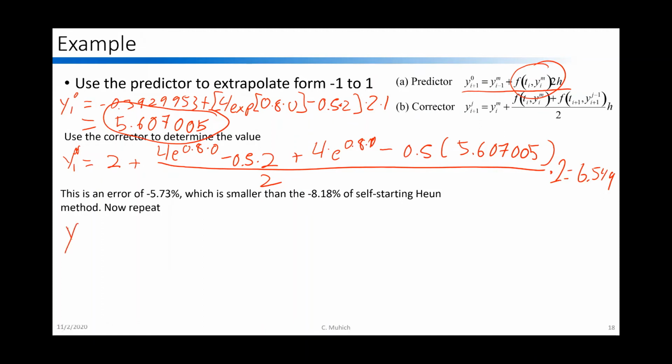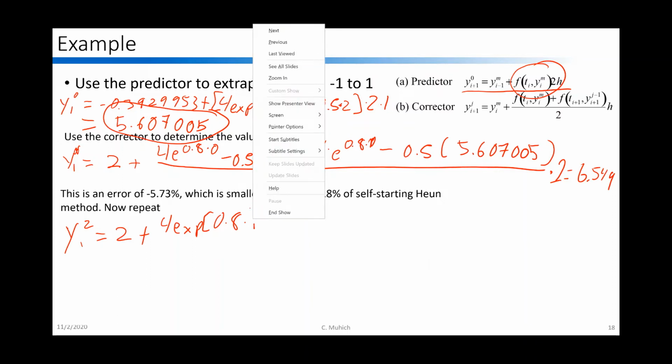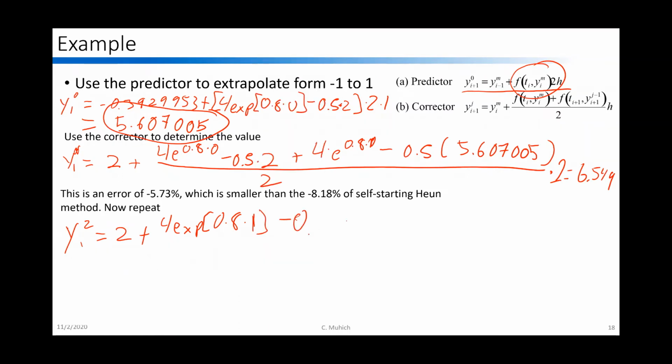When I do this, y1 of 2 is my current value 2 plus 4 exp 0.8 times my time step now, which is 1, minus 0.5 times 6.54933 plus my slope at my current step, which is 3, all over 2 times 1.